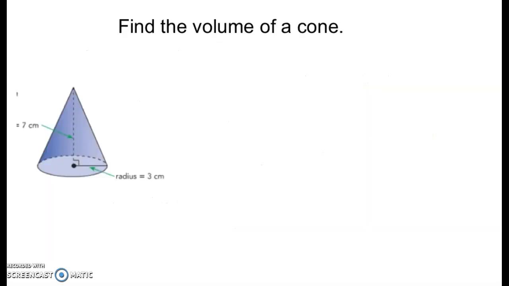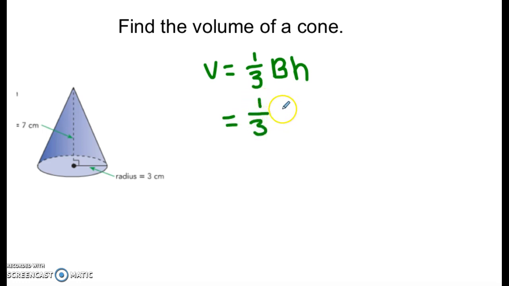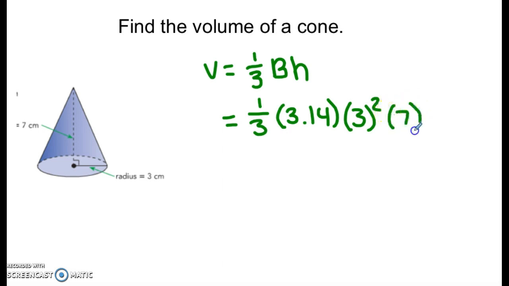Our next example is finding the volume of a cone. So volume for a cone is 1/3 times the base area times the height. So let's plug in. We have 1/3 times base area, which is pi r squared, so 3.14 times the radius, which is 3 squared, then times the height, which is 7.